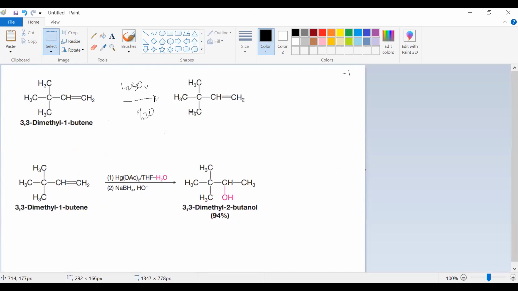The hydrogen from water is actually the H3O+.